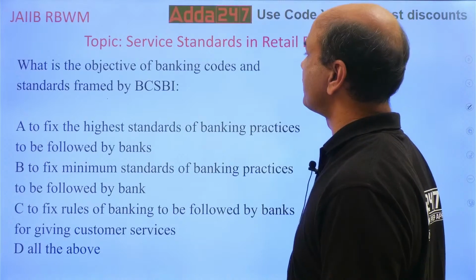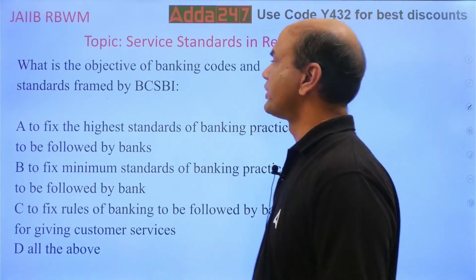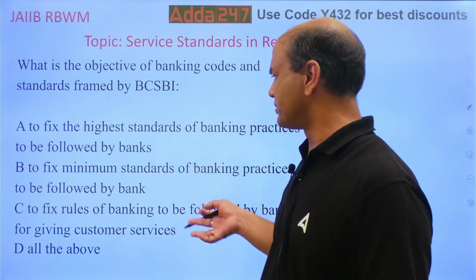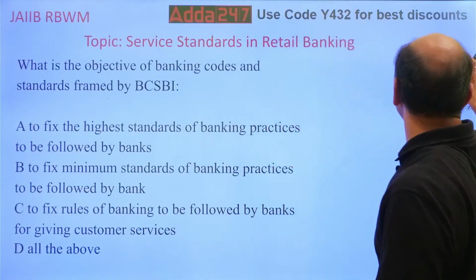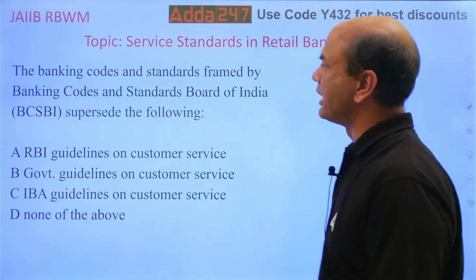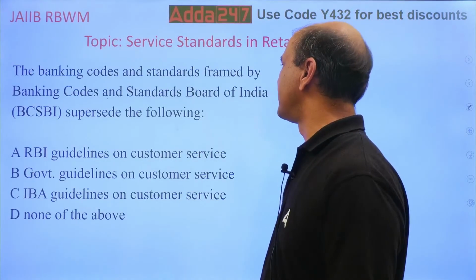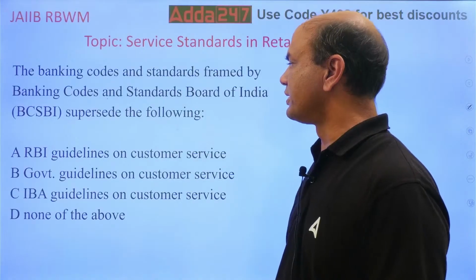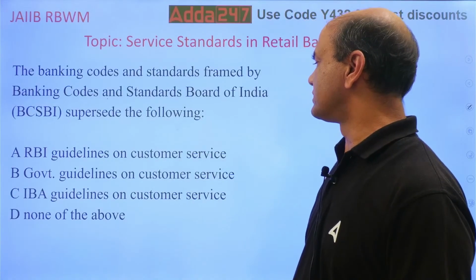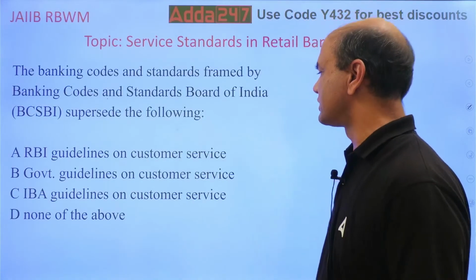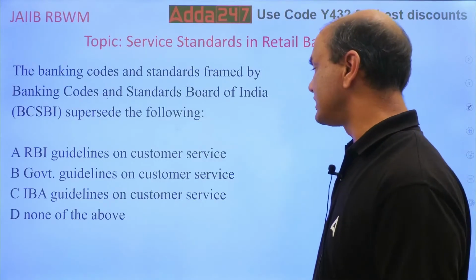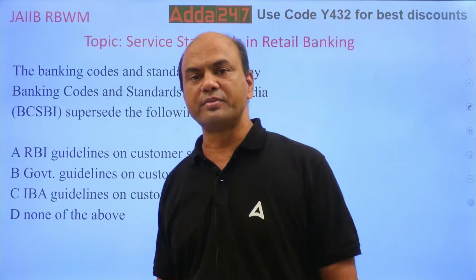What is the objective of banking codes and standards framed by BCSBI? I think it is the same question. The banking codes and standards framed by BCSBI supersede the following: RBI guidelines on customer service, government guidelines on customer service, IBA guidelines on customer service, or none of the above.